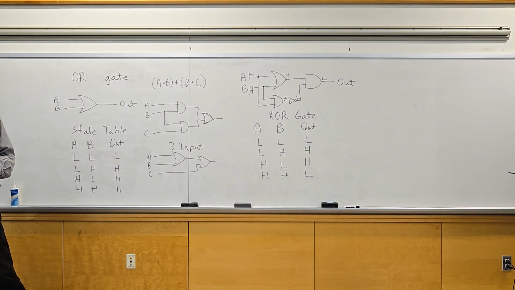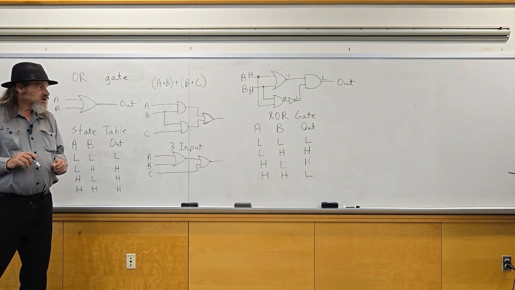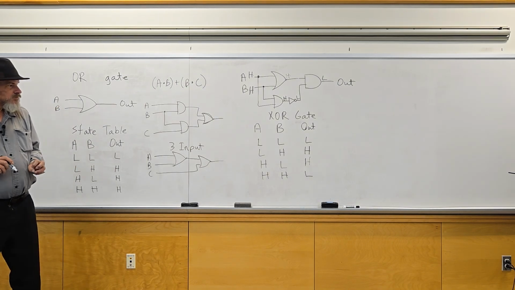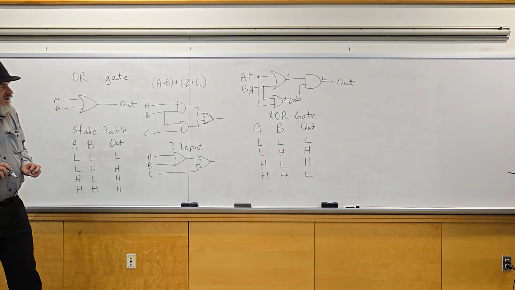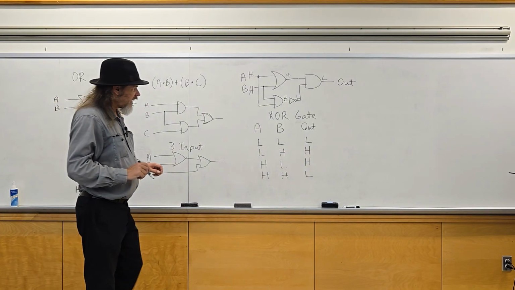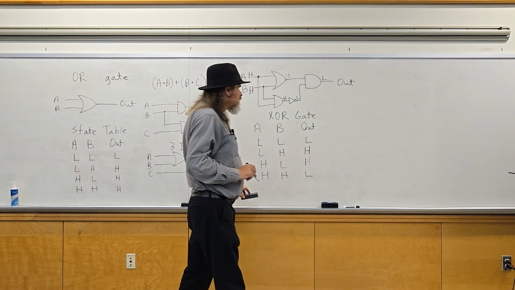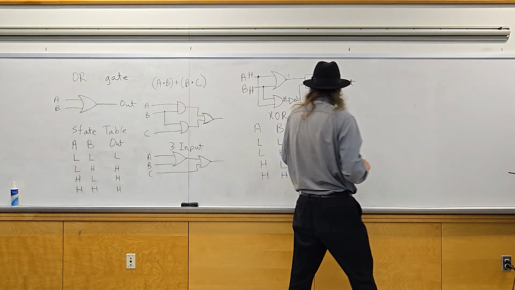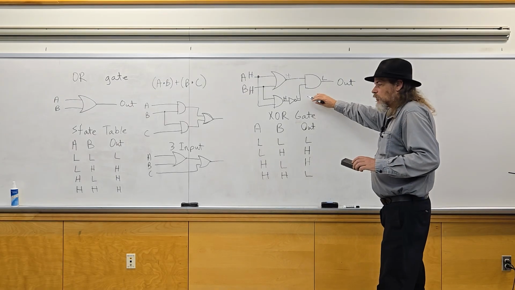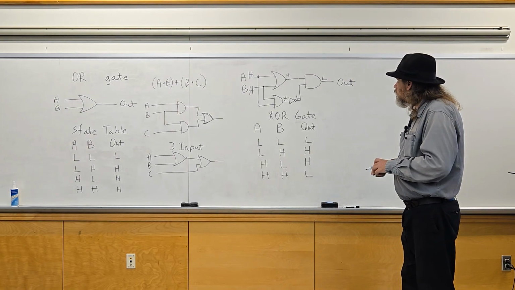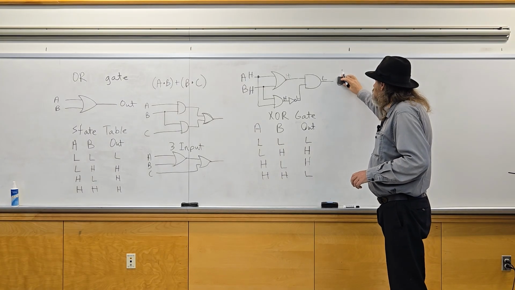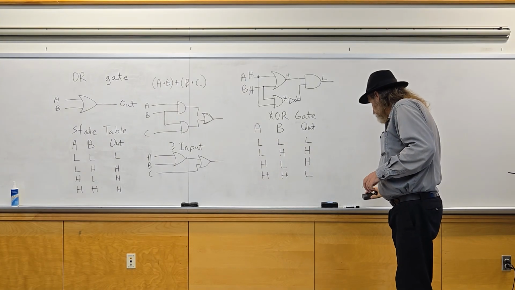Like I said, we touched on this briefly in discrete structures last semester, for those of you who took it. Kind of a little aside, you can get exclusive OR gates in chips. I don't remember the part number for them, but you can get them.